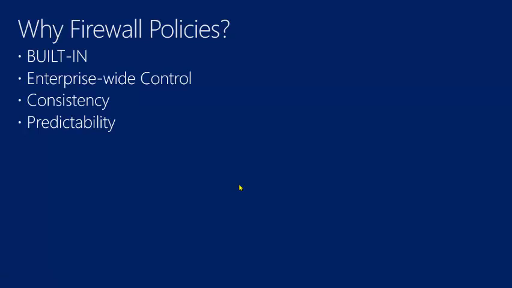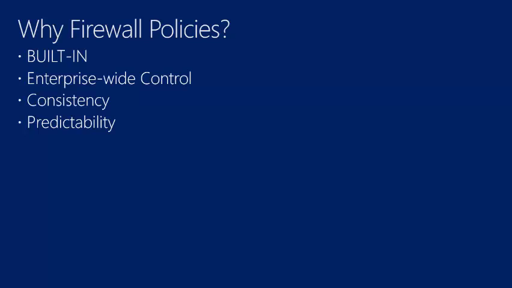Why do we care about firewall policies? Well, again, these capabilities to have a firewall first and then to manage that firewall are built into Windows and built into Configuration Manager. So knowing about those, helping close knowledge gaps and so on, tell you what's possible, a big deal.